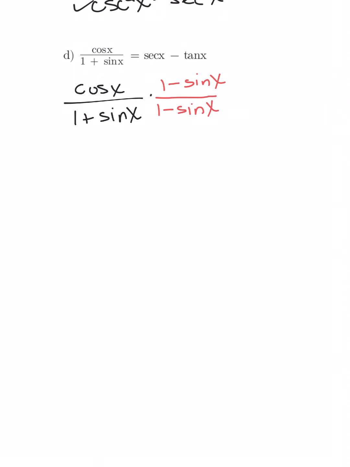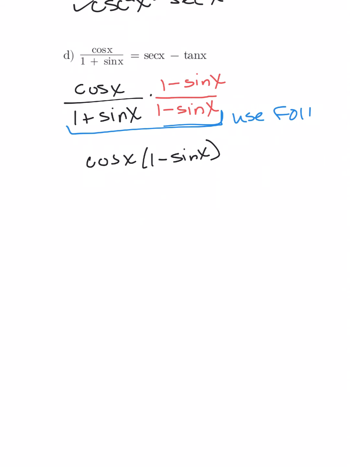This means that we are taking the fraction times 1, so we are going to make it look different, but we're not changing the value of it. So we're not going to do anything to that numerator except just write it as cosine of x times the quantity of 1 minus sine x. What we are going to do for the denominators is use FOIL.